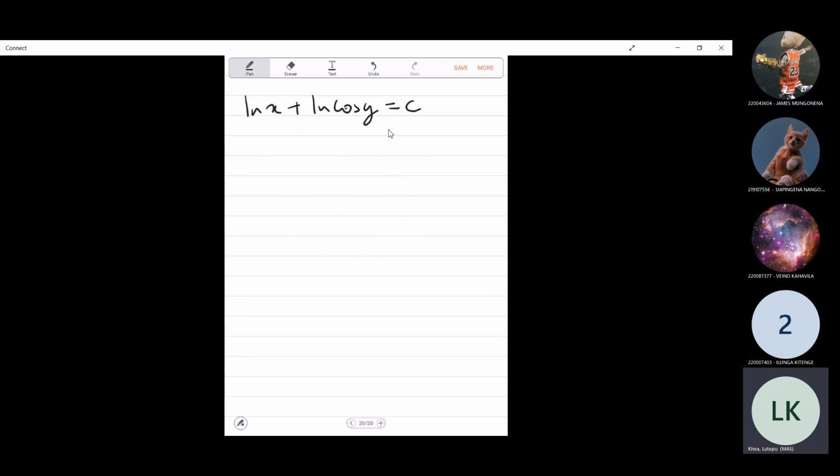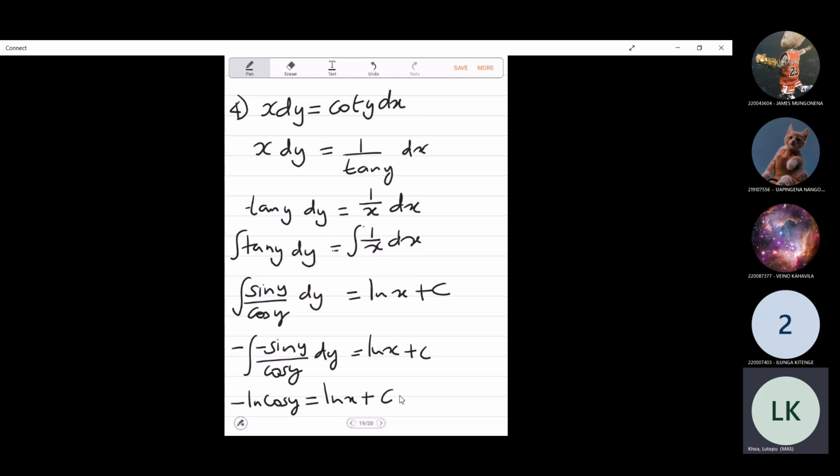Again, even though I took this to the other side and then the c went to the other side, c is an arbitrary constant, so this negative c is still just a constant. So putting a plus or minus in front of the sign doesn't change the fact that it is a c. There are several ways of rewriting the answer, but I think even just like this is good enough.